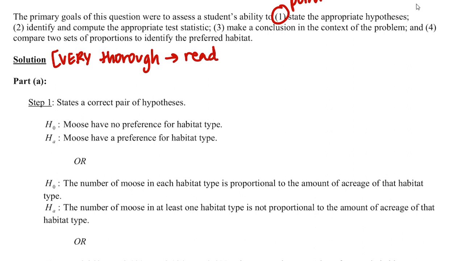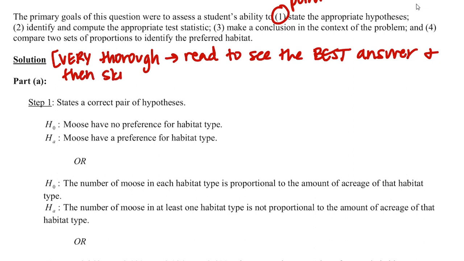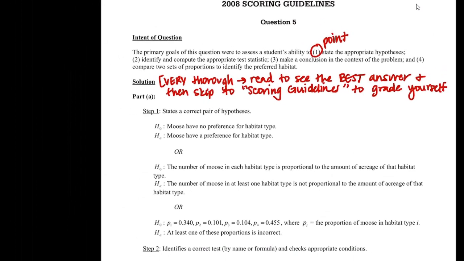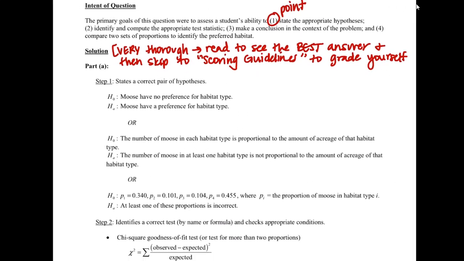Read to see the best answer, and then skip to scoring guidelines to grade yourself. You don't need to use the solution to grade yourself. Okay, they're going to do a really thorough job, and you don't have to do all of that, but here's all the options.